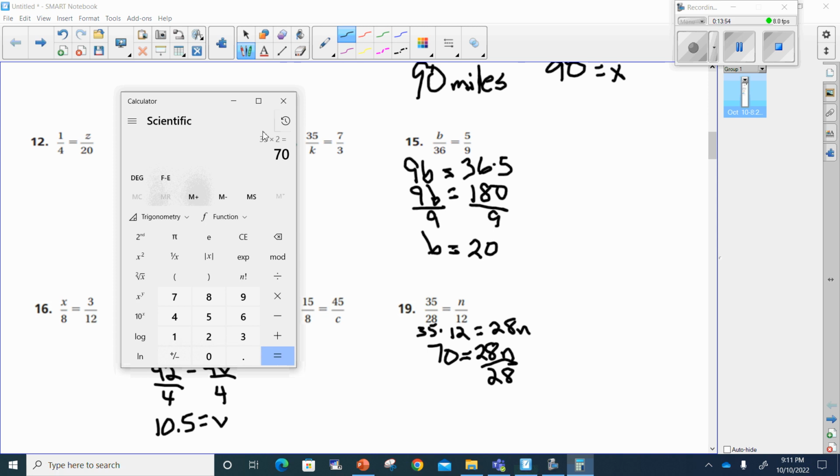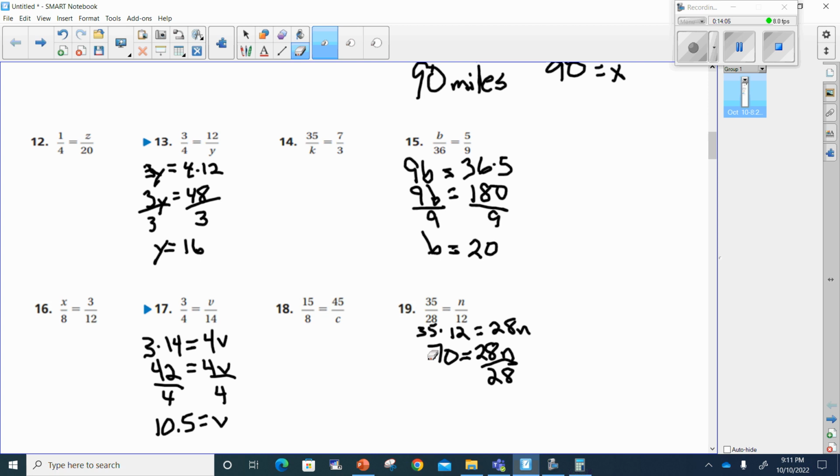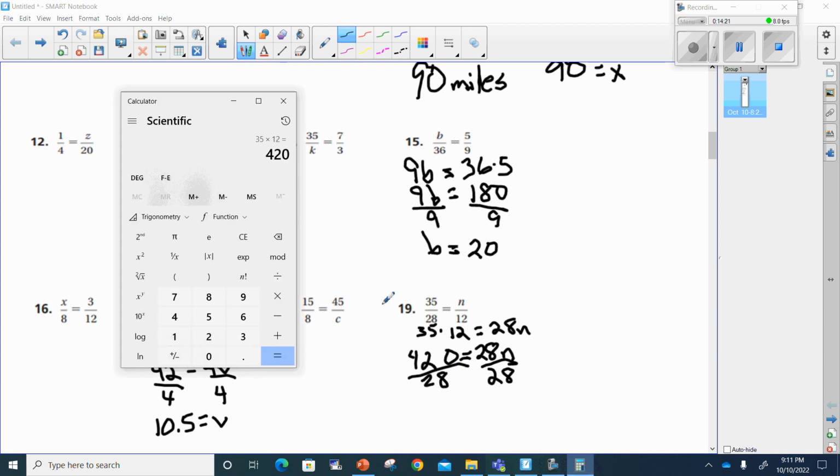I must have done something wrong with my calculator, and I did. So 35 times 12, let's do that again. Oh, much different. 420. So let's correct that. Now I'm going to have to divide 420 by 28. That's going to give me 15.